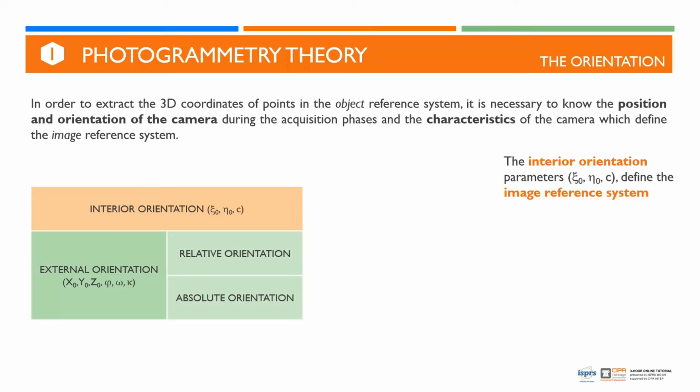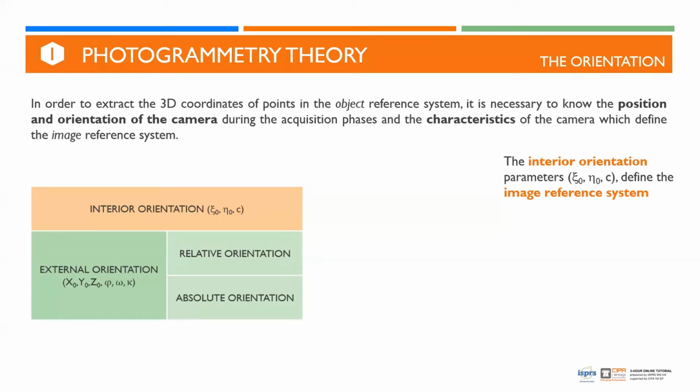So now we are dealing with two different orientations. And these two different orientations give, in our photogrammetric pipeline, as we will see in the next slide, two different results, two different products. As regards the interior orientation, it concerns a set of parameters that allow you to reconstruct the metric of the central projection.